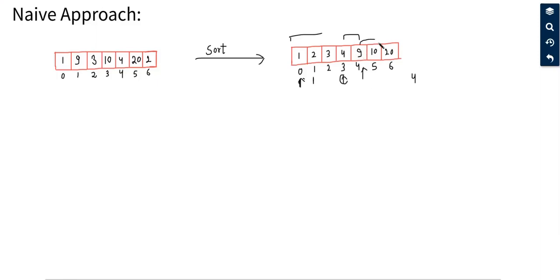Then I see 9, 10 is a consecutive integer pair, hence the length becomes 2. Then we move to the next integer, which is 20, and we see there is no other integer after 20, hence the length of this subsequence becomes 1. The maximum length is 4, that is, this subsequence is the longest subsequence which contains consecutive integers.